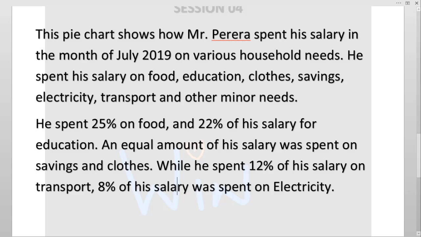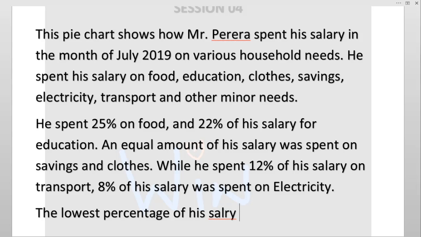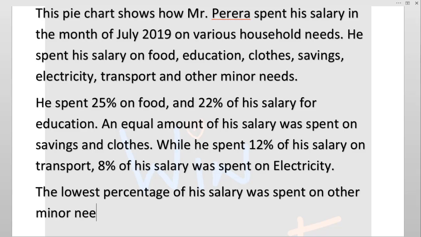The lowest percentage of his salary was spent on, sorry, I'm always stuck here because of some keyboard errors, right? Was spent on what? Other minor needs. I'm going to say how much it was, which was 3%.